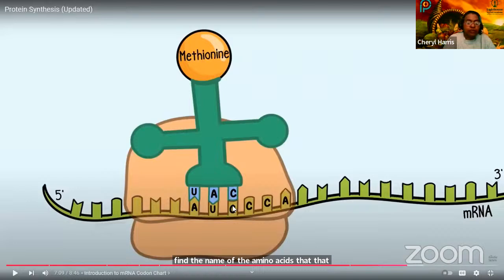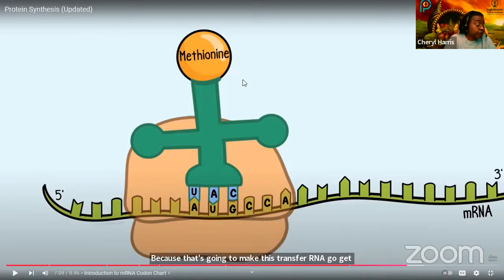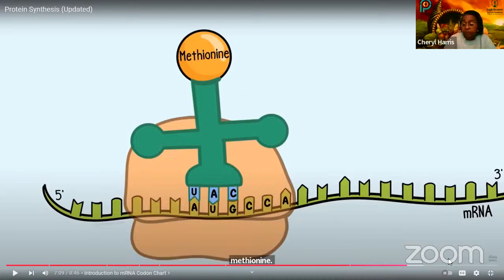So AUG is going to have a reverse on the anticodon, but you're not worried about what the anticodon is. You're worried about the AUG, because that's going to make this transfer RNA go get methionine. That's how that works.